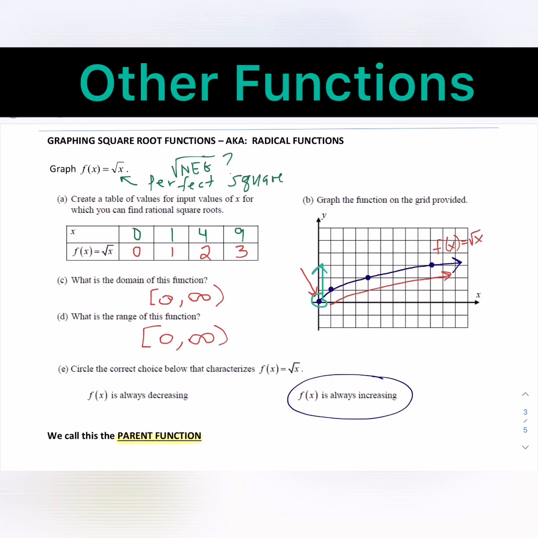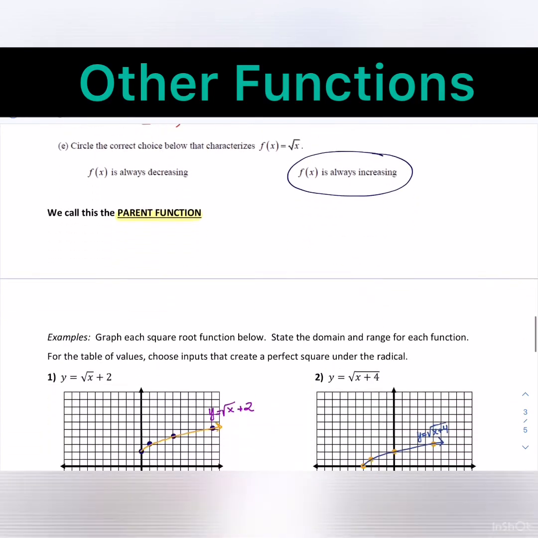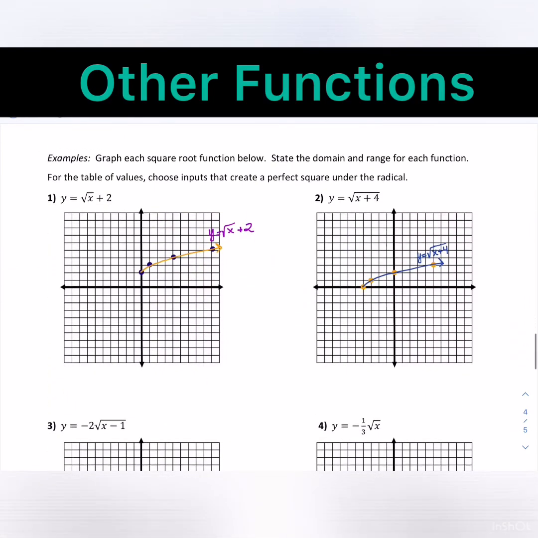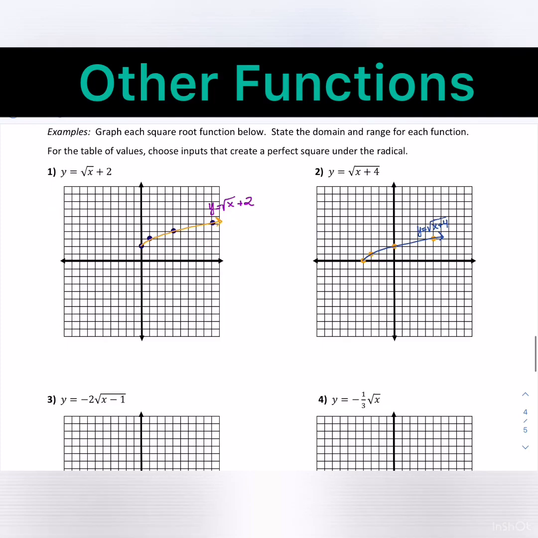All right, so what I did is I went ahead and put all these on there for you. So what I want to do with you right now is just talk about domain and range, okay? Domain and range all have to do with this point here, this end point.